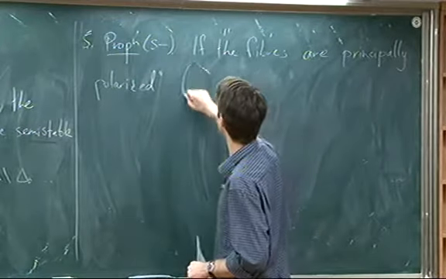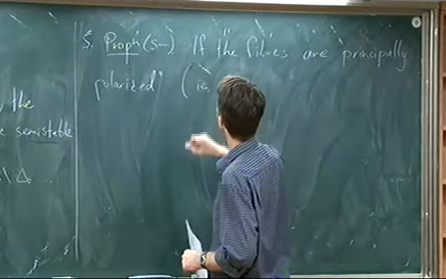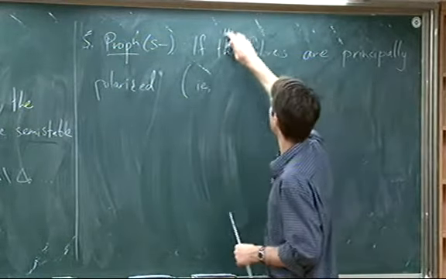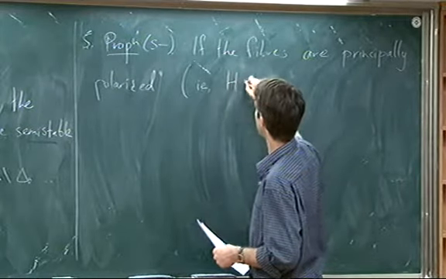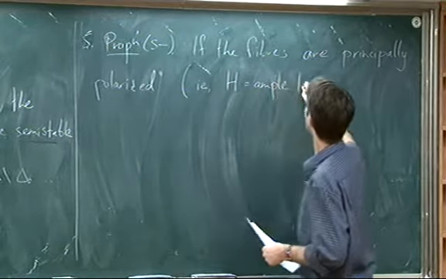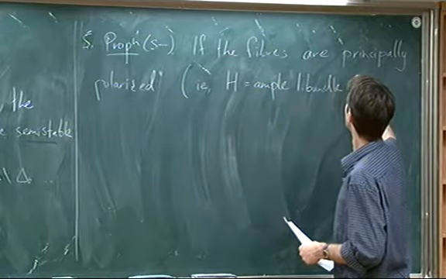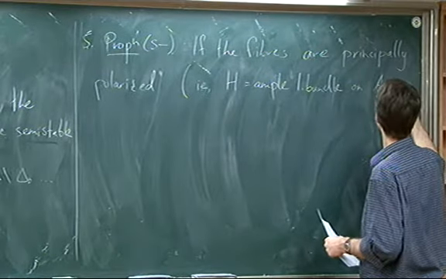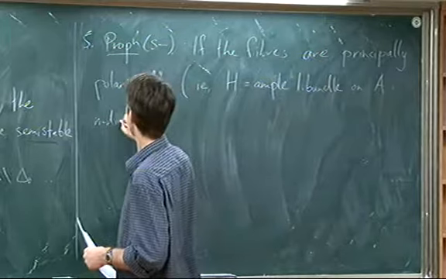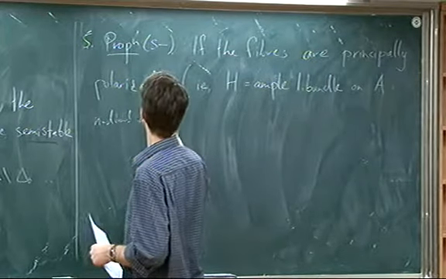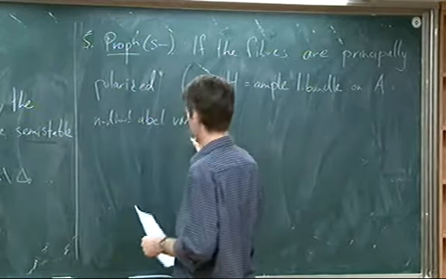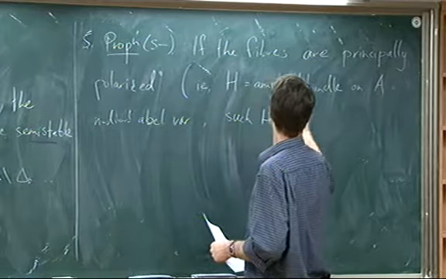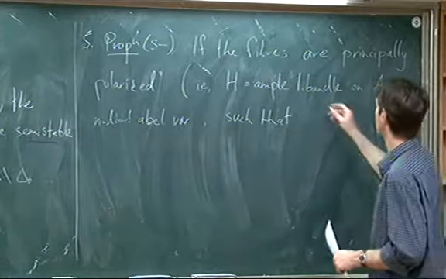okay, so what does principally polarized mean? So a principal polarization of an n-dimensional abelian variety is an ample line bundle on A, so this is an n-dimensional abelian variety, such that it has a unique section up to scale.